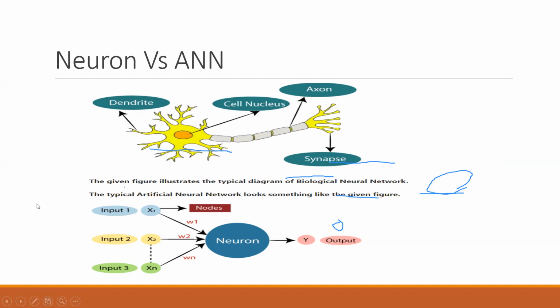Here we have the inputs: input 1, input 2, and input 3. These are the nodes which have some numeric value, x1, x2, xn. These are connected through weights, and this is a neuron which is processing the value.